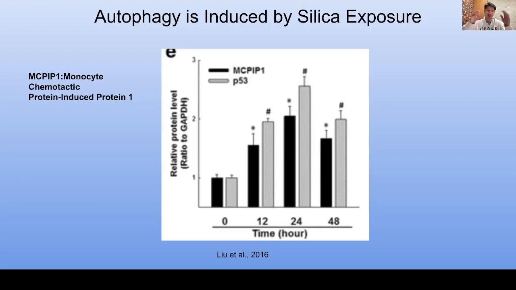So they quantified the amount of these proteins over a certain amount of time after exposure to silica and found that these proteins were becoming more expressed as time went on, suggesting that autophagy is occurring since the pathway is being activated.